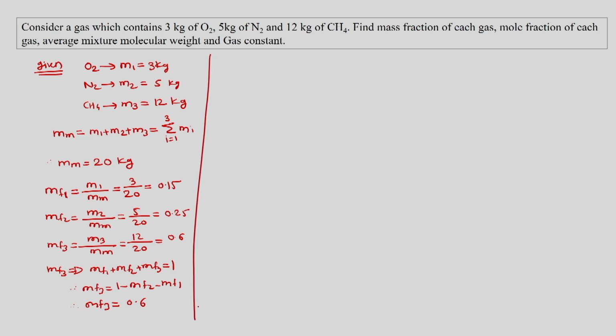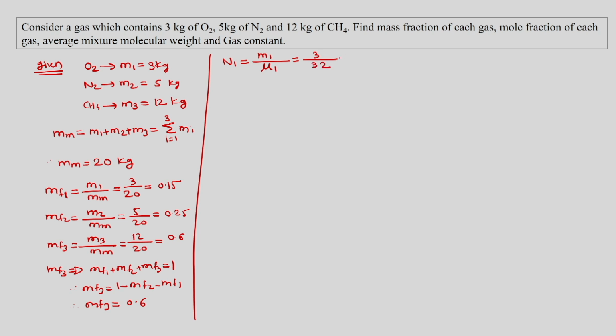Now we can find the number of moles of oxygen by knowing the mass of oxygen, which is mass of 1 divided by molecular weight of 1. Mass of 1 is given as 3. We know the molecular weight of diatomic oxygen is 32.